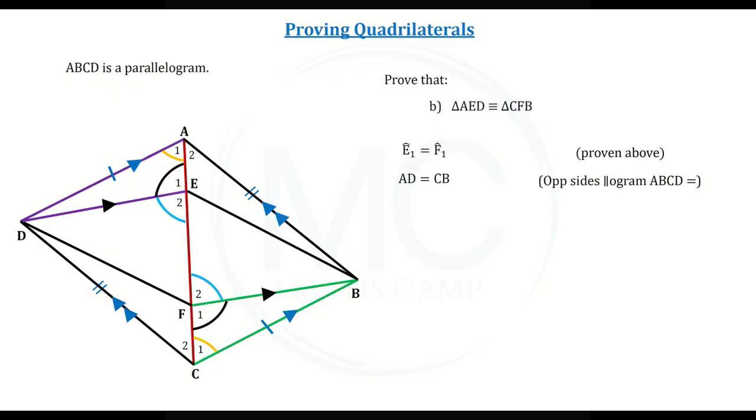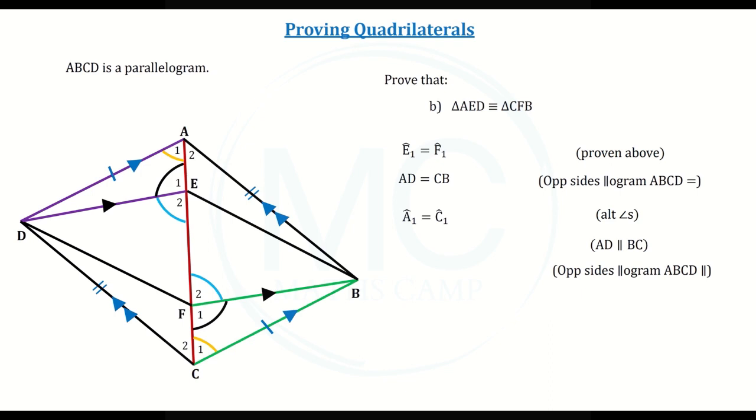So we can now say that angle A1 is equal to angle C1 because these are alternate angles. And we know this because AB is parallel to DC, because these are the opposite sides of parallelogram ABCD, which are parallel.